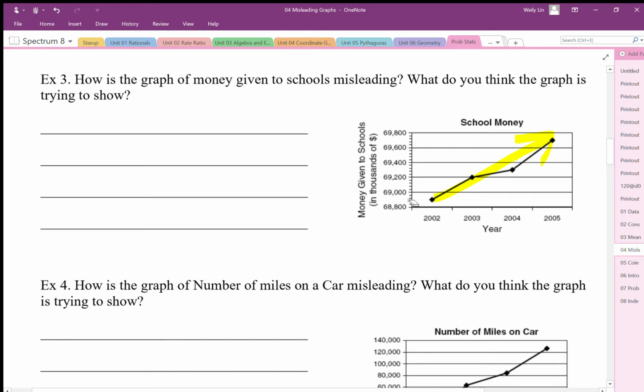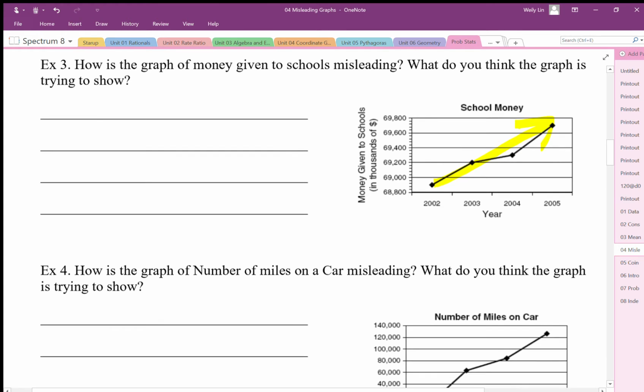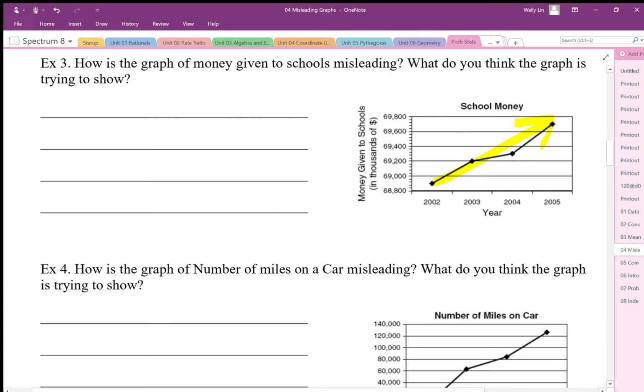But if we take a look at the scale on the y-axis, well, the scale is only showing that it's gained maybe $1,000 over 3-year time here. So in the end, that's probably not that much, considering how much money is involved here: 68,000 or 69,000. So it's misleading that we've scaled the y-axis.